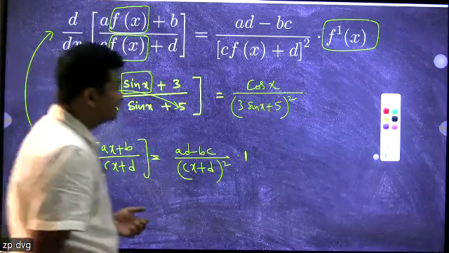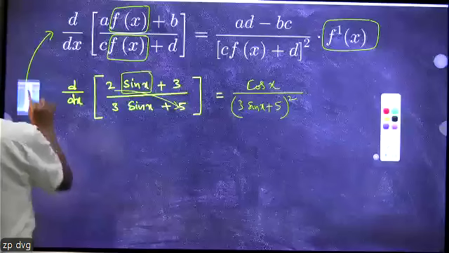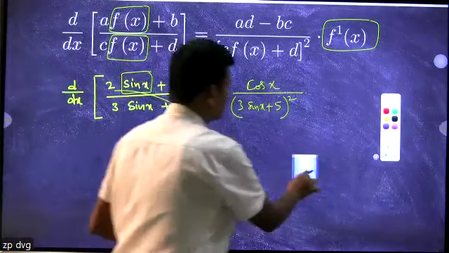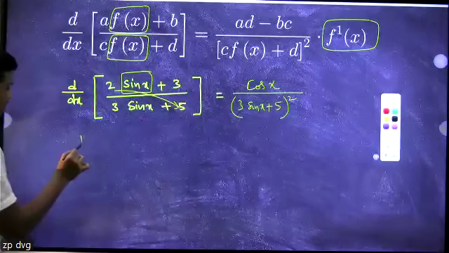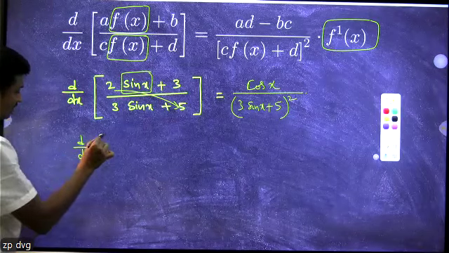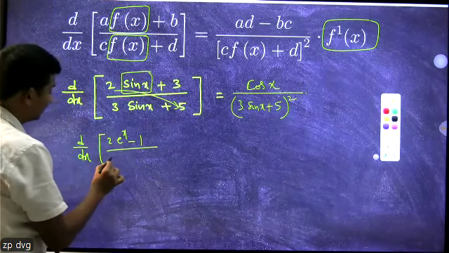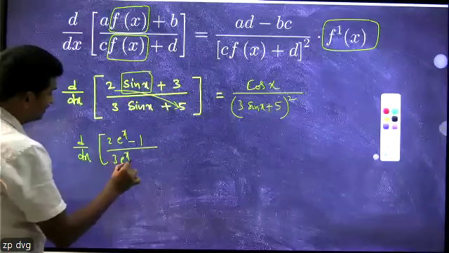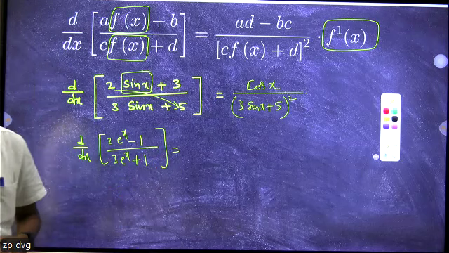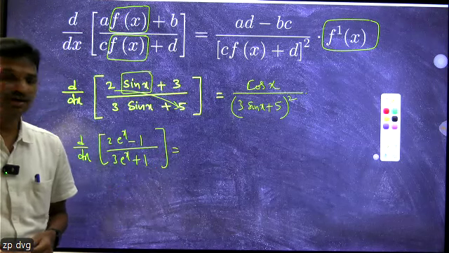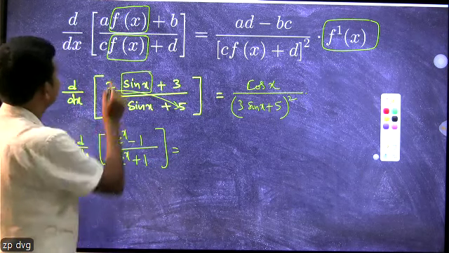Not only sin x. Suppose the problem is like this: dy by dx of (2 e power x minus 1) divided by (3 e power x plus 1). We are asked to differentiate this. The regular method is the quotient rule. But here this is in this form.